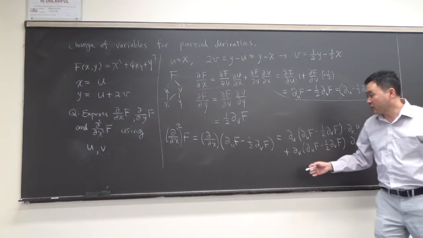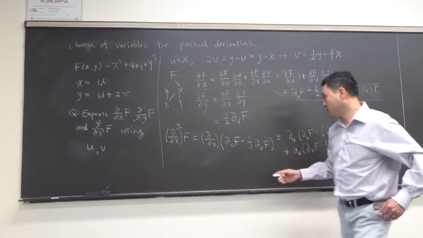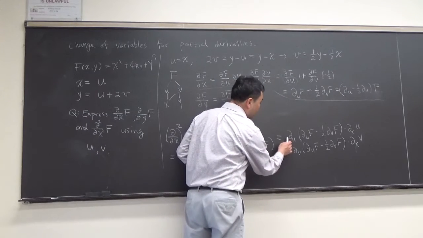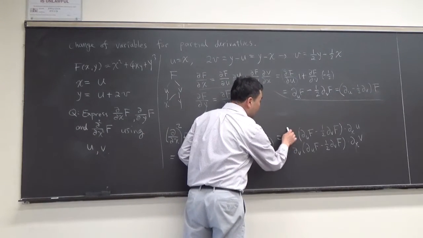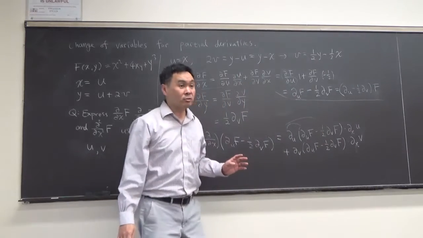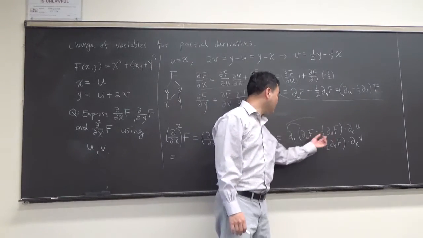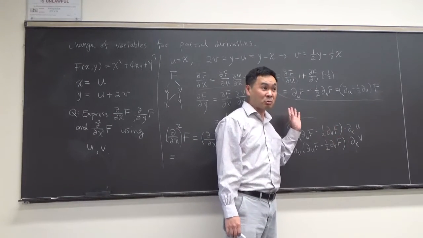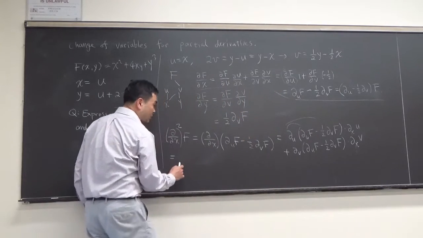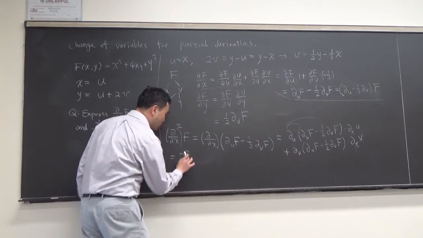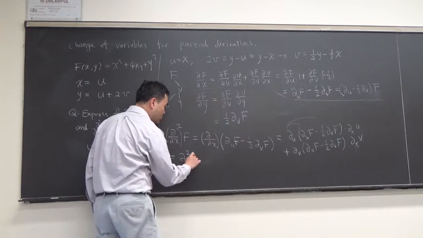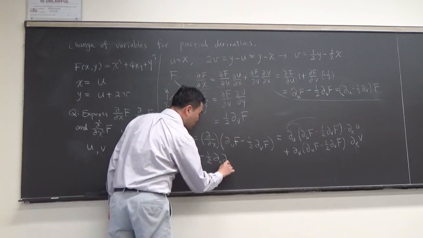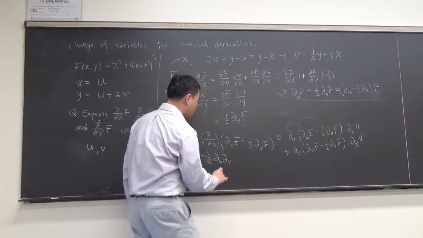But then it's the same story. Derivatives are linear operators, right? So if you have the derivative of two terms, you can differentiate one and then the other separately. Any constant multiple can be brought outside. So that one is going to be the derivative of u squared, you differentiate twice with respect to u, minus 1/2 derivative of u, derivative of v, f.